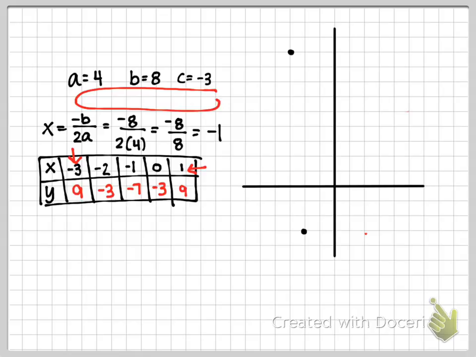I don't think I made my graph quite long enough. So then I have -1, -7. Okay, then I have 0, -3, and 1, 9. Draw my line through.